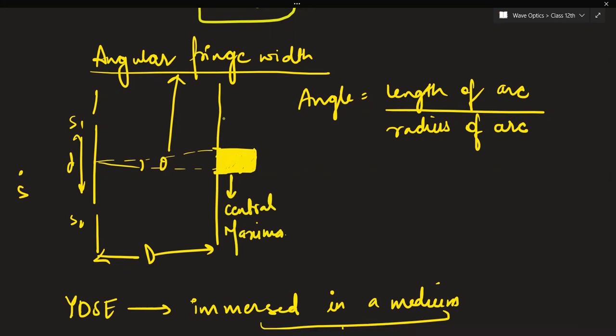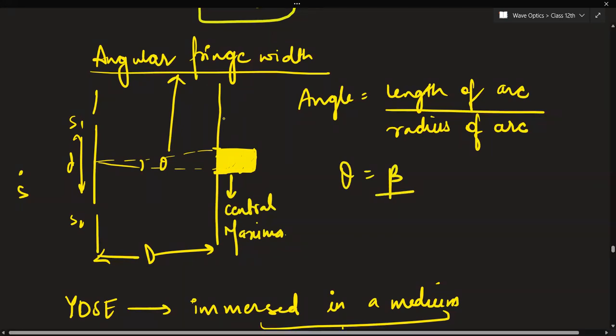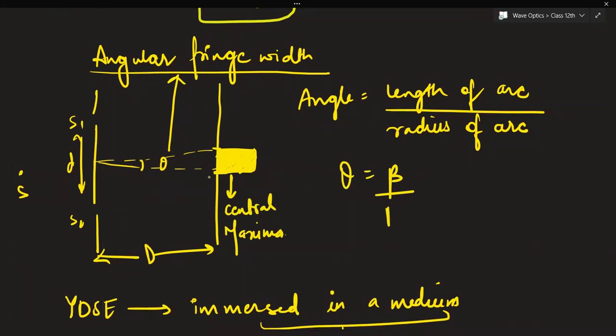Fine. So how will you write it? Simply the way we write, angle is length of arc divided by radius. So same thing. Length of arc, you'll write it as beta, and radius means the separation between the slit and screen, that we write as capital D.